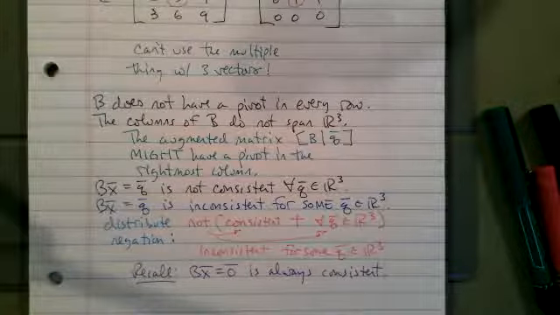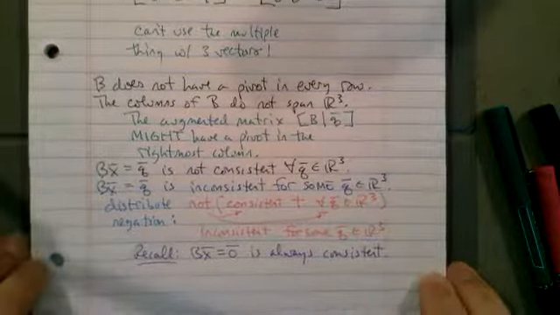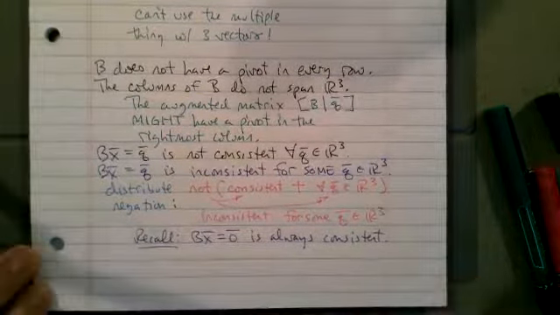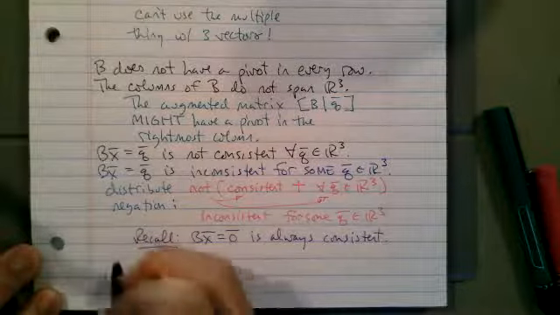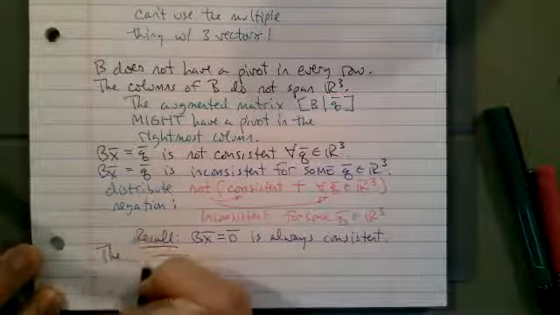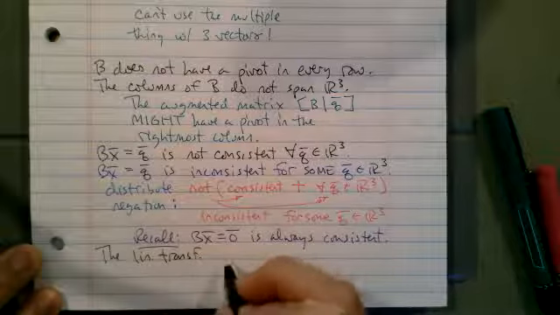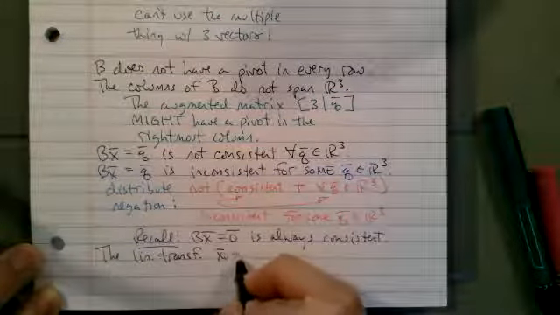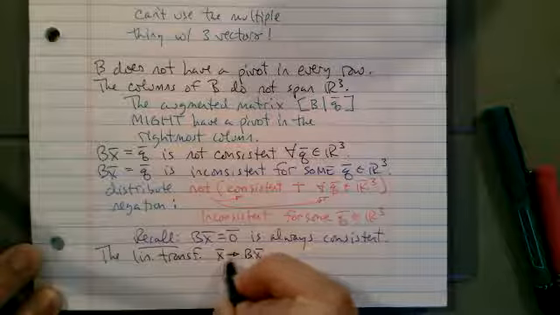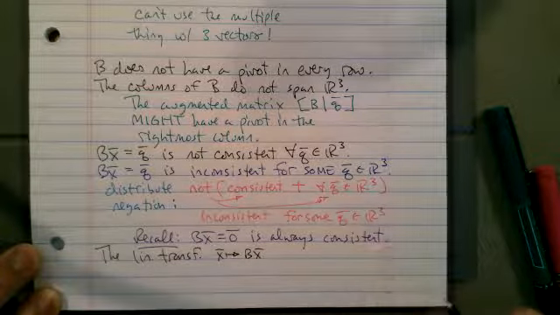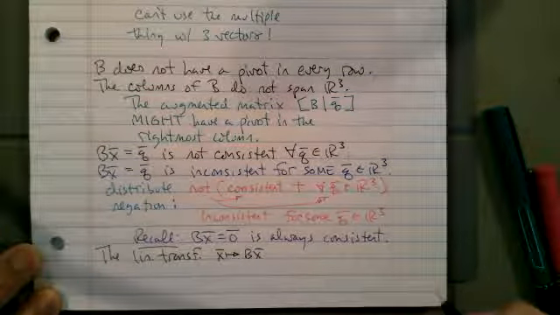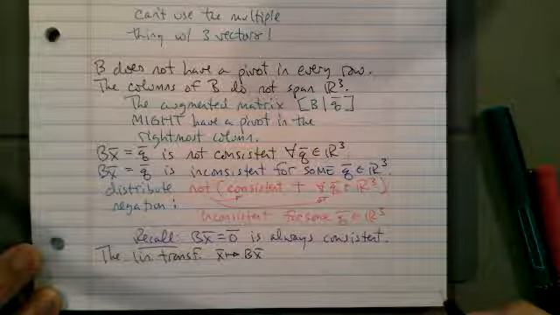All right. Since B does not have a pivot in every row, we can make a conclusion about a linear transformation. We could say that the linear transformation that takes x to Bx doesn't have a pivot in every row. B doesn't have a pivot in every row, so B is not onto.